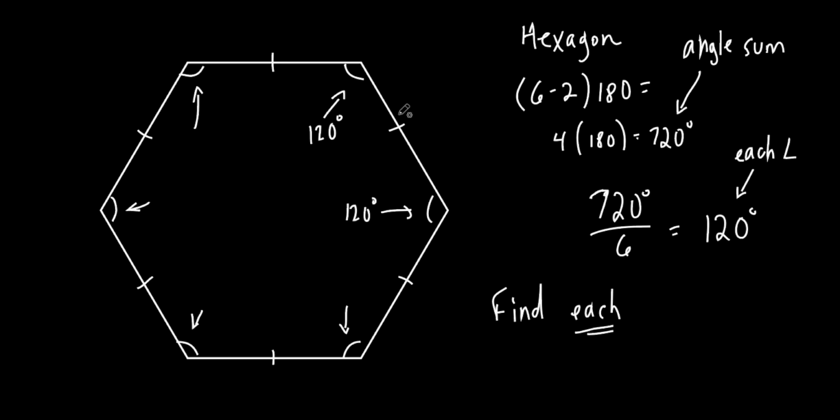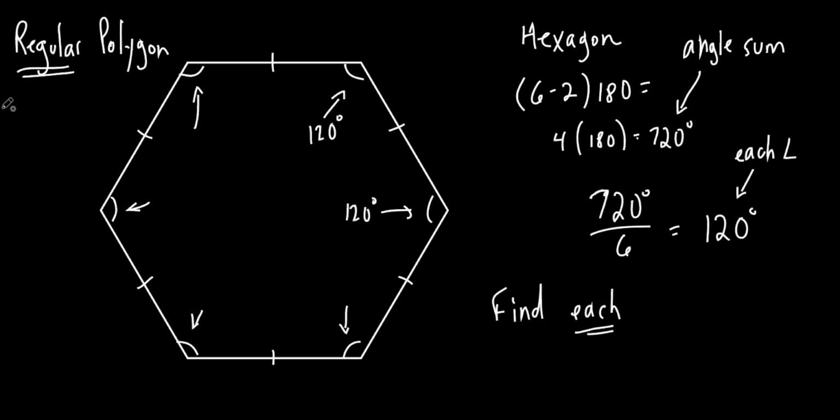Now, let me give you a word. I don't know if I've given this to you in the past or not. If not, so the first time, if I did, it's not the first time. We call this a regular polygon. I don't know if I used that phrase before or not. What does it mean to be regular? All the sides are equal, and all the angles are equal.